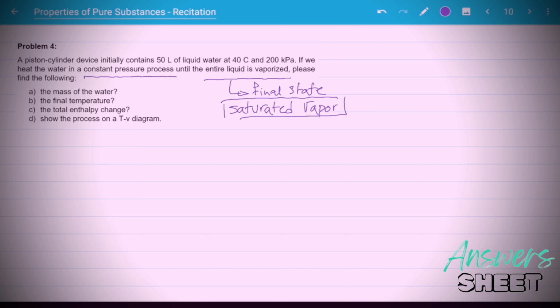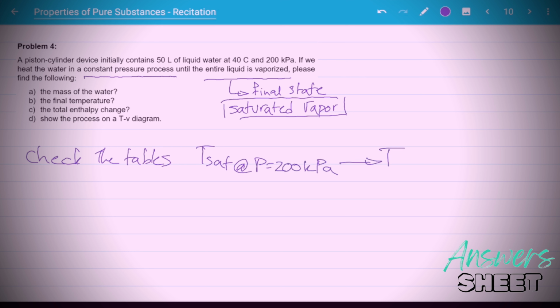We need to first know the state of our system at the initial phase. We have the water at 40 degrees and the pressure is also given. How do we do that? Easiest way is go check the tables. So check the tables and see what is the saturation temperature at P equal 200 kilopascals.